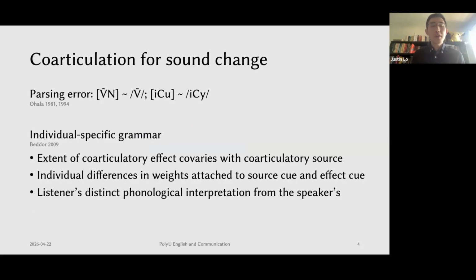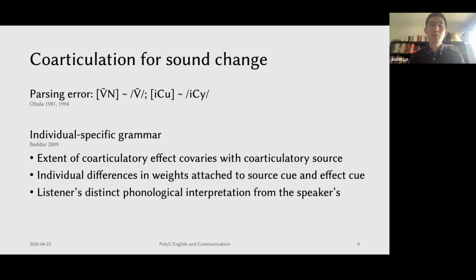That links into the mechanism of this sound change. One of the most prominent theories for how co-articulation can give rise to this kind of sound change comes from Ohala, who has a theory that this arises from listeners' parsing error.